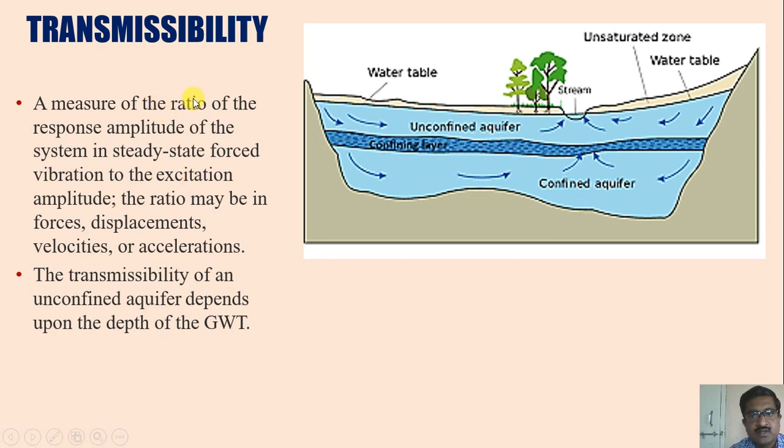The important thing is that it depends upon the steady state forced vibration amplitude and transmissibility of any aquifer or any soil. So that depends upon the depth at which the water table is present.